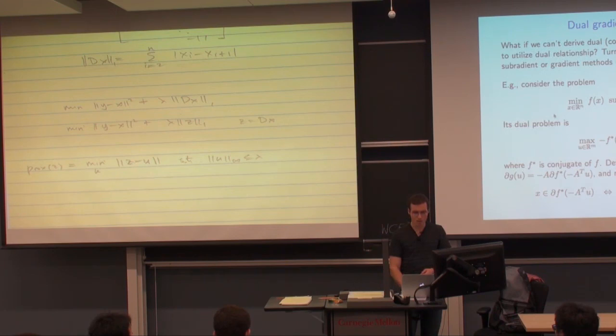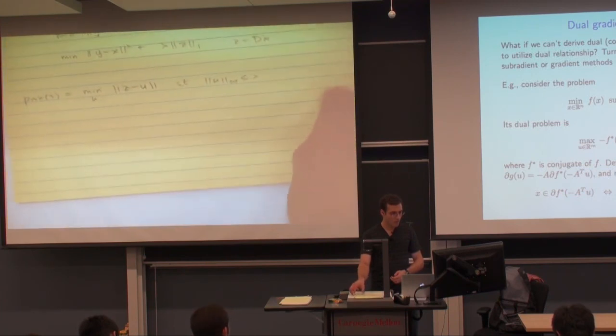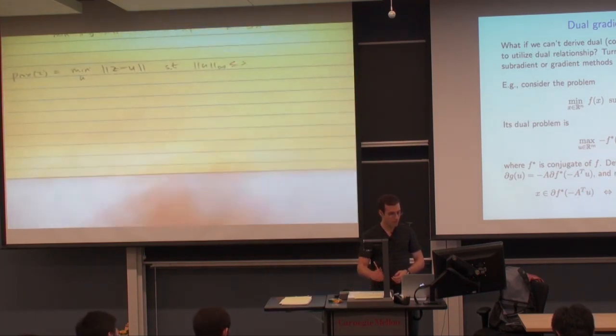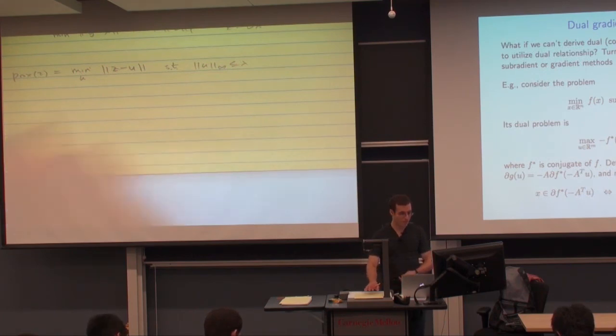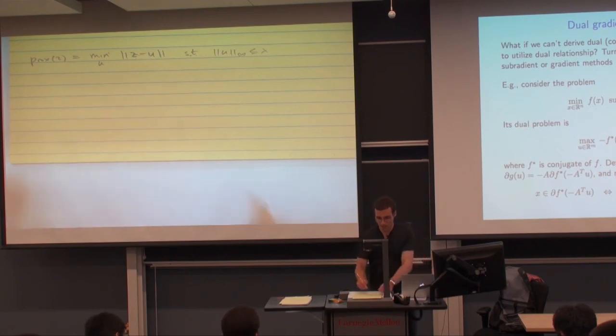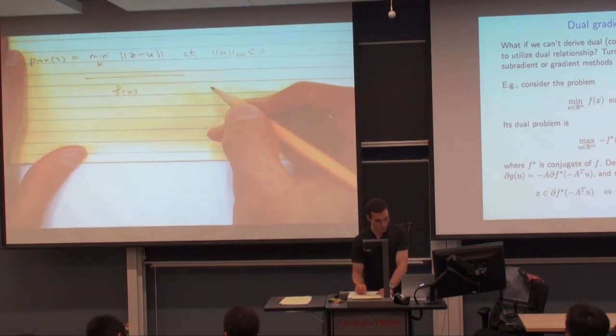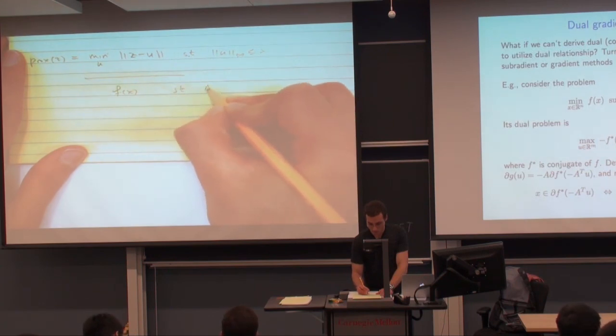Let's consider this problem as an example. Let's suppose we just have minimize this convex function f subject to the constraint Ax equals b. I think we might have gone through this in class, but if we didn't, just make sure you understand why this is true.